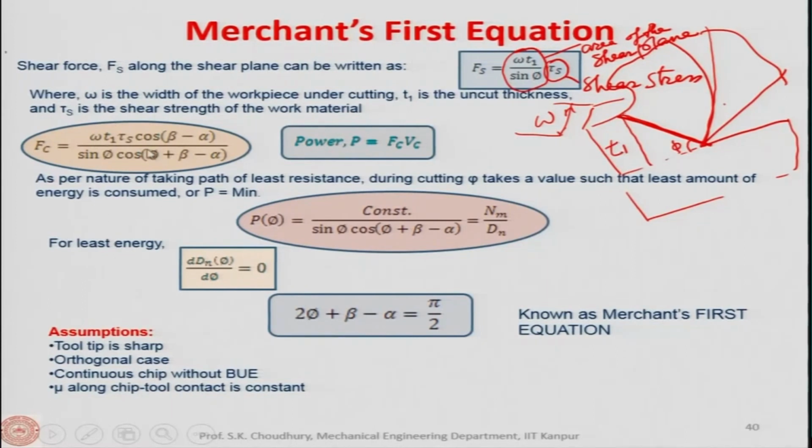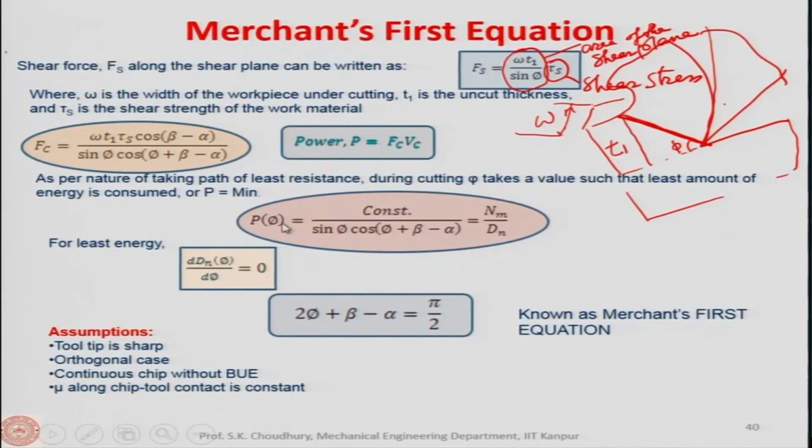So, the numerator will be constant, and the denominator will not, because here we have the phi. So, if we take the power as a function of phi, then this equation can be said as the numerator divided by the denominator, numerator being constant and the denominator being sin phi cos of phi plus beta minus alpha.